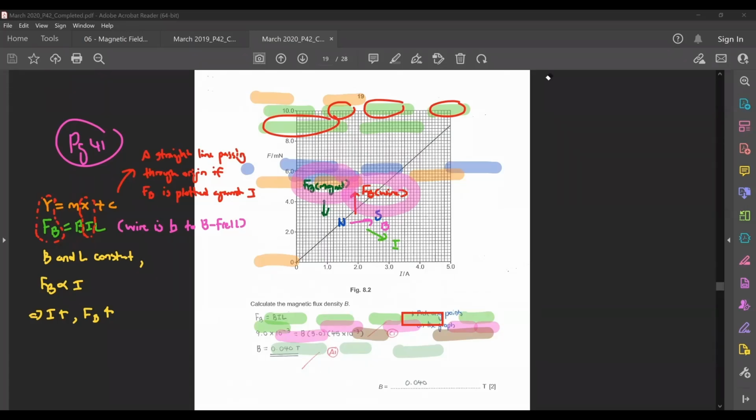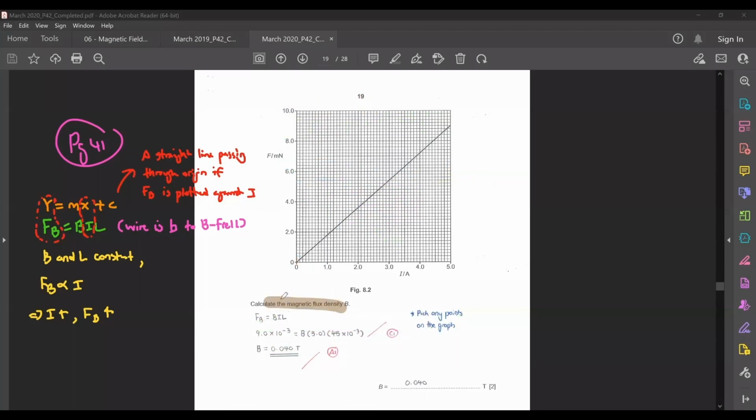You're supposed to calculate the magnetic flux density B. Since the wire is placed perpendicular to your magnetic field, you could say that Fb equals BIL. If we want to find the flux density, we need to know the values of the other variables. For the magnetic force and the current, you can use this graph straight away because it is a graph of variation of magnetic force with current.